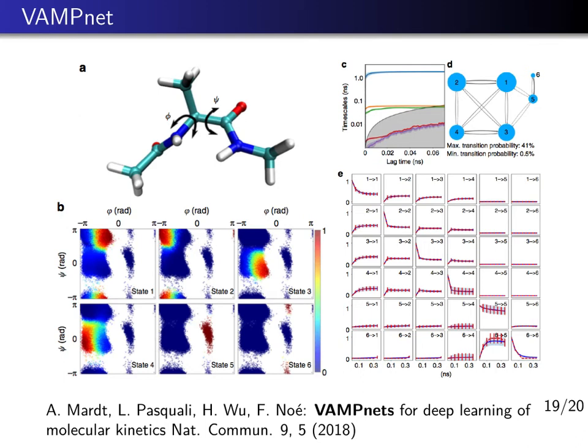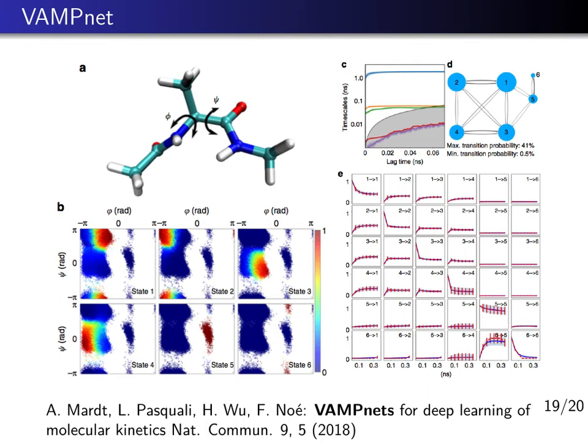Well, it's very straightforward with a VAMPnet, because we can simply define the last layer of each VAMPnet lobe to be a softmax layer. So we can just define the VAMPnet networks to perform a classification or a clustering by using a corresponding nonlinearity at the output, and then we automatically get a state assignment.